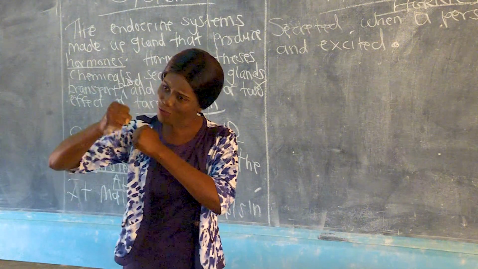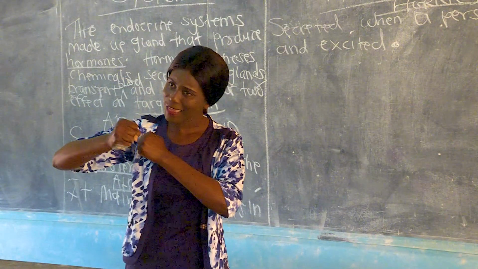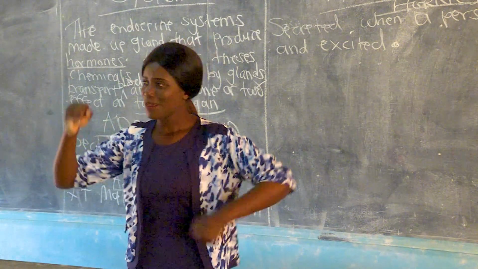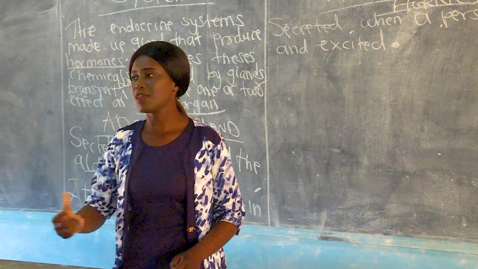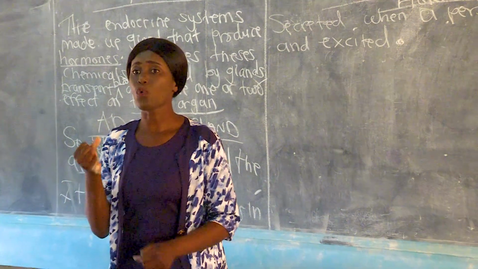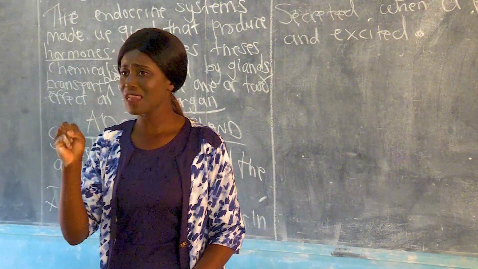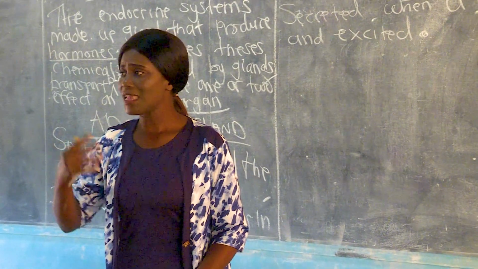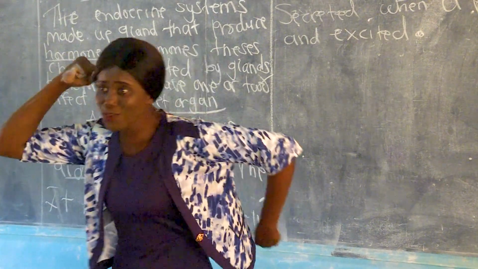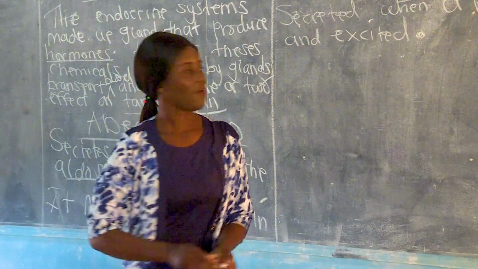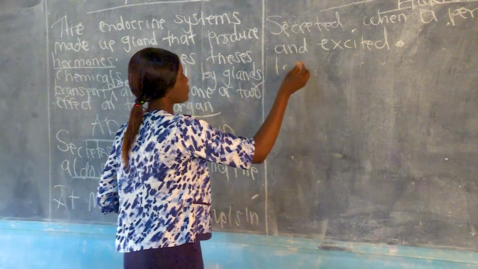Make movements of fighting back, making us run away. So once adrenaline is secreted, it makes muscles contract and relax, enabling someone to make movements of fighting or running away. Okay, so that is number one.